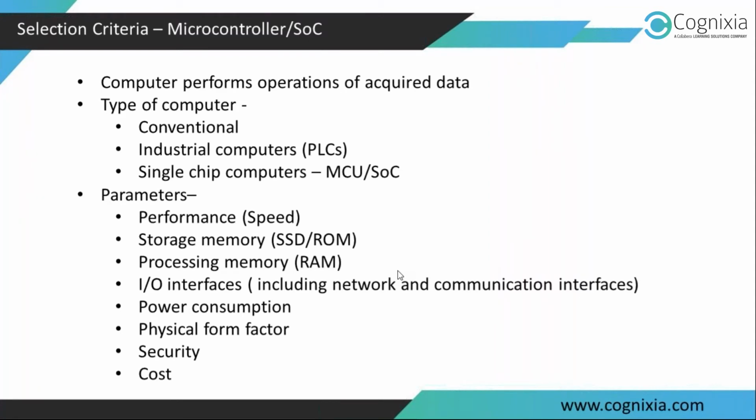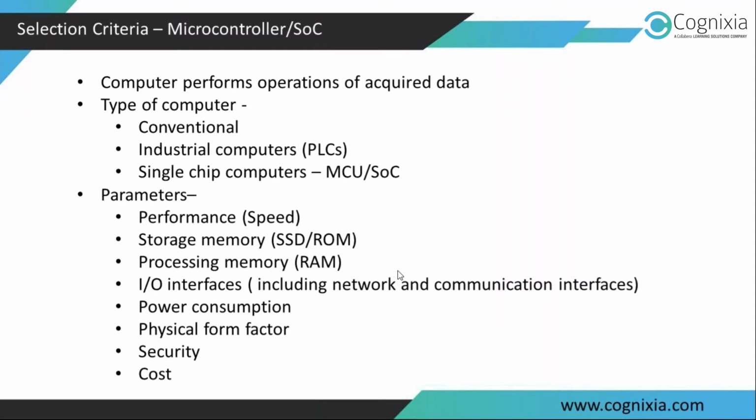And when it comes to selection of MCUs and SoCs, you will have to be again extremely careful, because whether your product would be successful or not would depend solely on the selection of MCU and SoC.